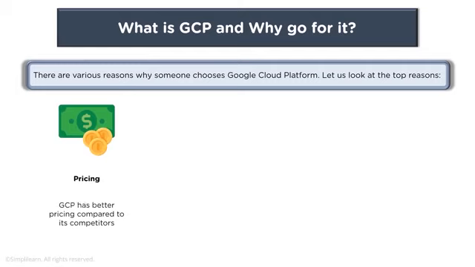When you talk about pricing, GCP has better pricing compared to its competitors, depending on the services you use, whether that would be infrastructure as a service, such as using Compute Engine instances and running your applications on them, or a managed service such as Dataproc, Bigtable or BigQuery, where you can have your Hadoop clusters running, store huge amounts of data, or even build your data warehouse wherein you can store structured data.